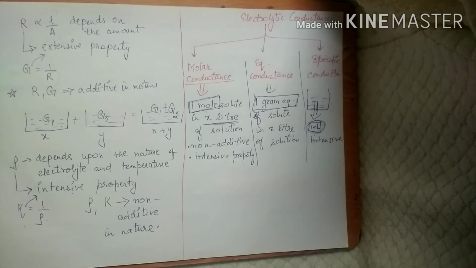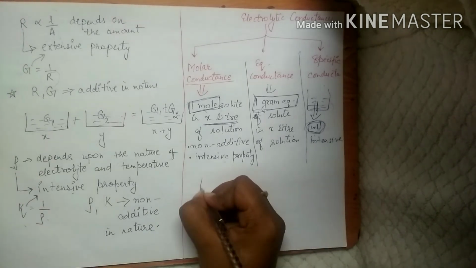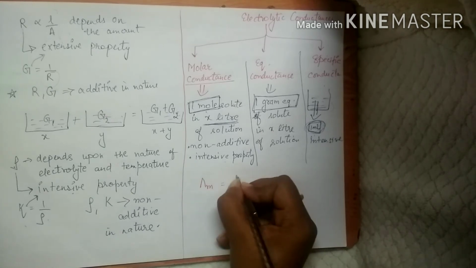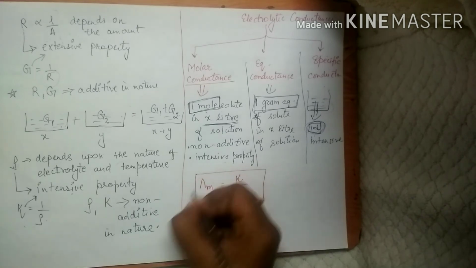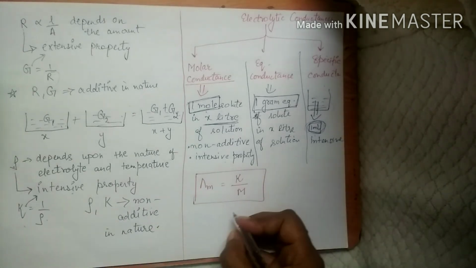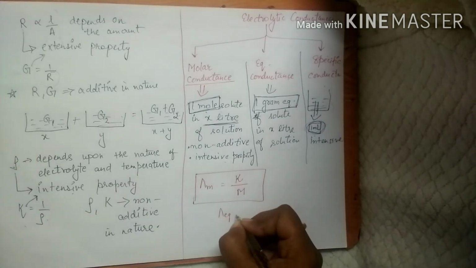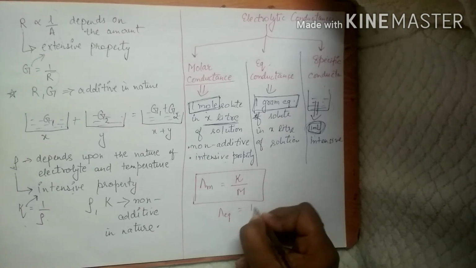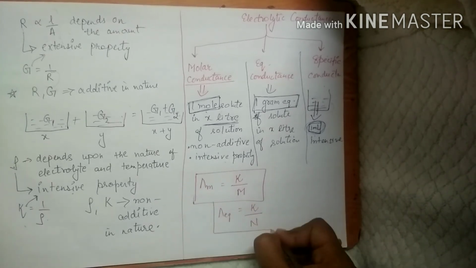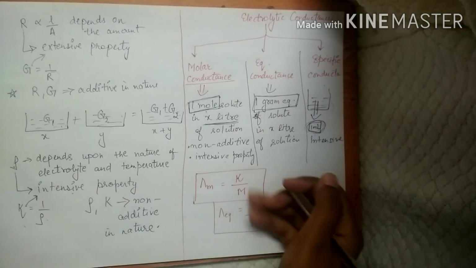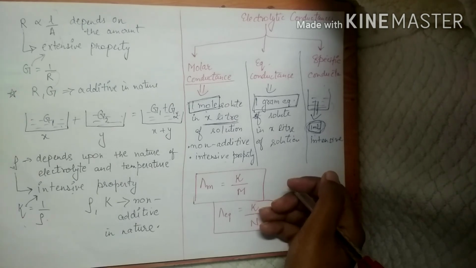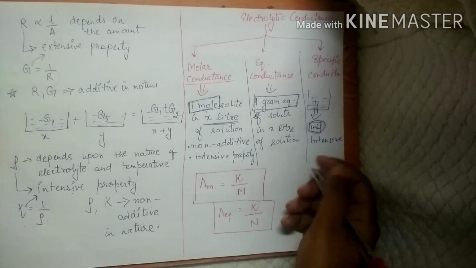Now we'll go on to the formulas and relations of these conductances. The formula for molar conductance is kappa upon M, where M is your molarity. And the formula for your equivalent conductance, that is lambda EQ, is equal to kappa upon N. I am giving the easiest formula for lambda m and lambda EQ, but the problem arises in the units.